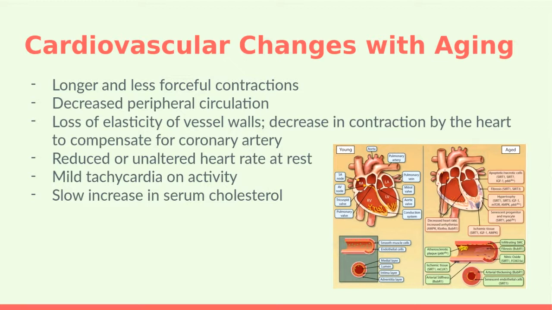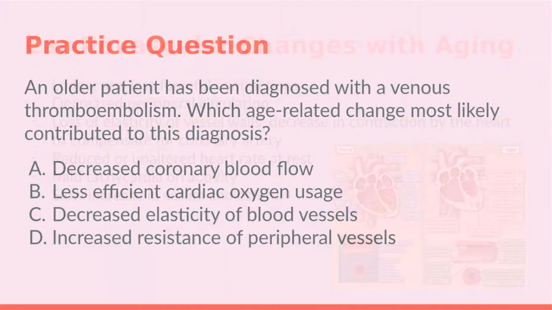Some notable changes you can see are the hypertrophy of the heart, increased thickness, and a buildup of atherosclerotic plaque, and some other changes that are more detailed. Going on to the next slide.